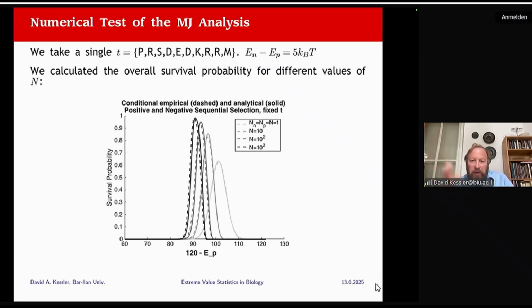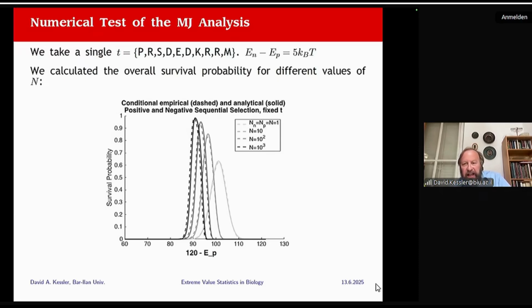Okay, so to test that this all works, we just picked a single t at random, and we took the difference between the positive and negative thresholds to be 5, in the right units in which the MJ matrix is expressed.